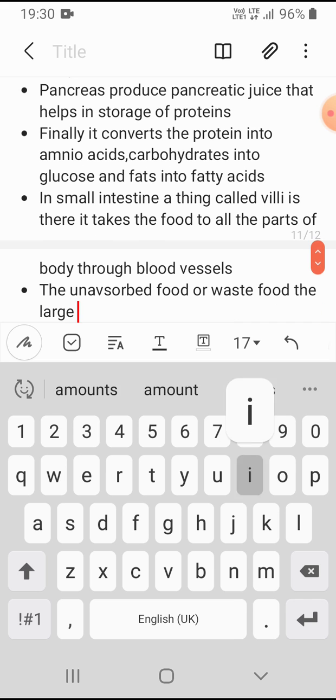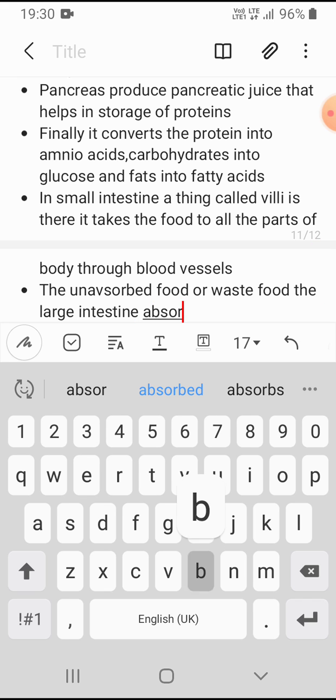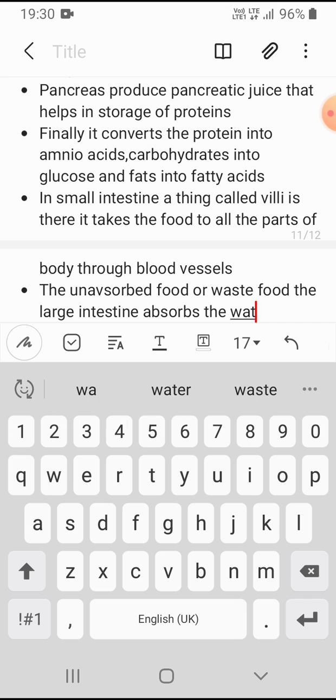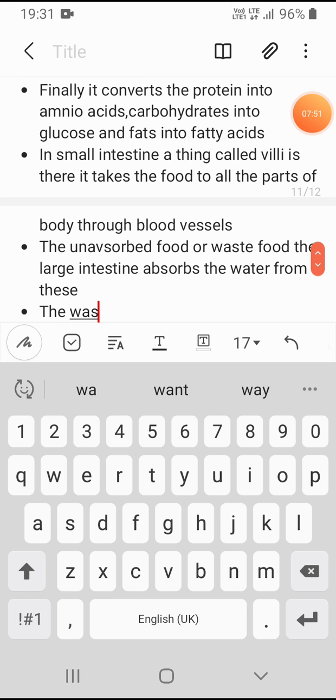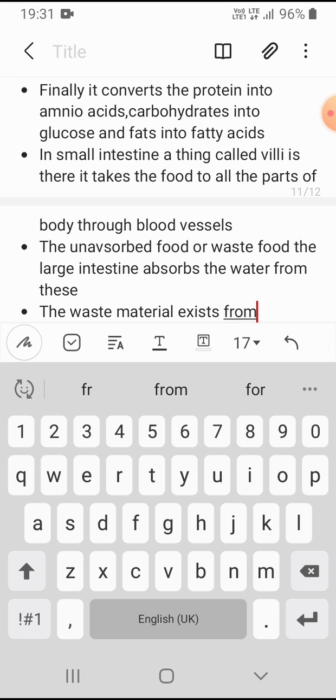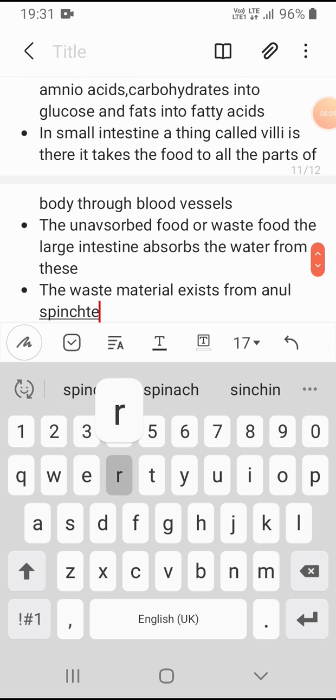The large intestine absorbs the water from these food materials, and the waste material exits from the anal sphincter.